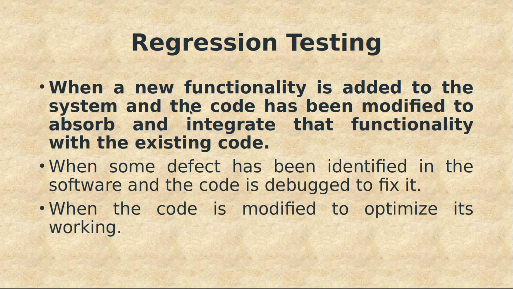This type of testing is called regression testing. When we find an error, the code is debugged to fix it. We correct the error and execute it again. Then the code is modified and optimized, and it works.